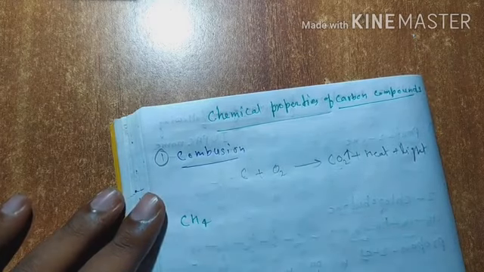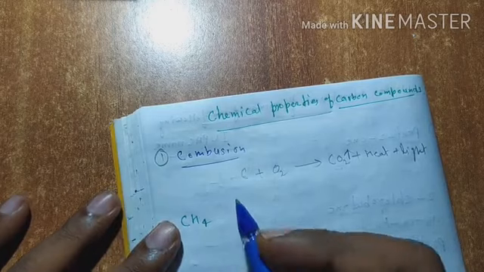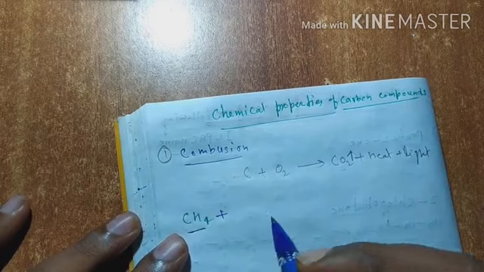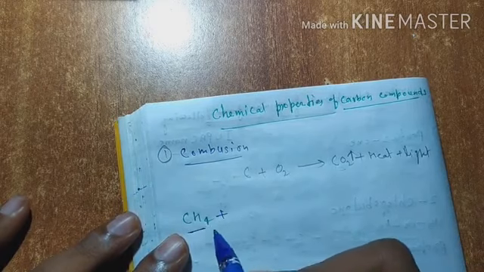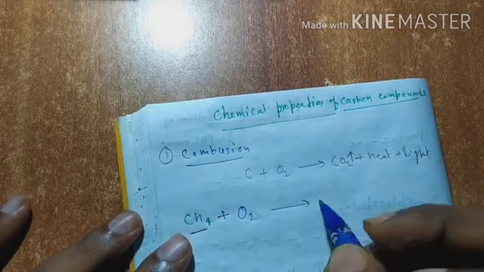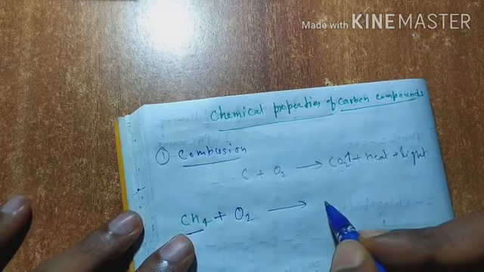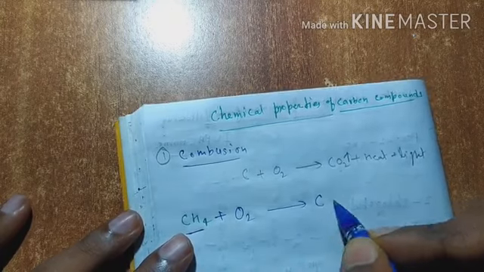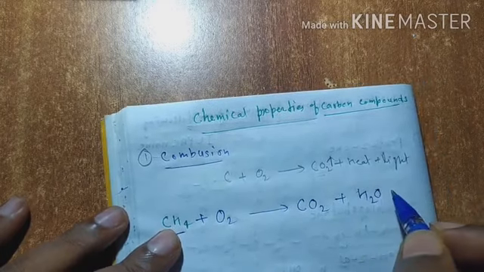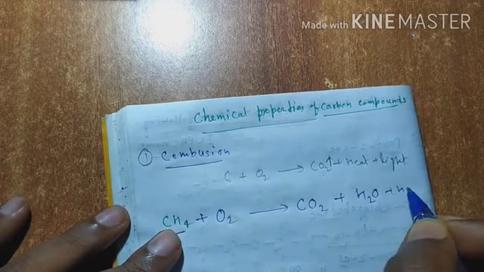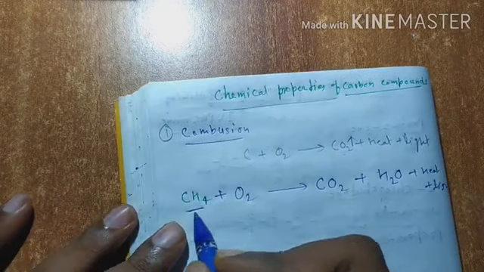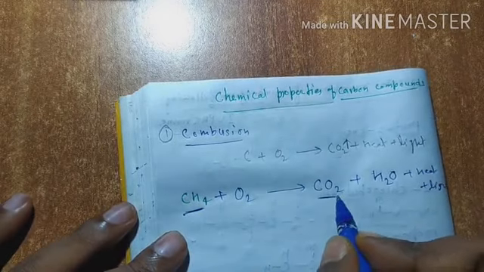CH4 is a hydrocarbon. Always remember, if you burn a hydrocarbon in the presence of air or oxygen, the products will be carbon dioxide plus water plus heat plus light.